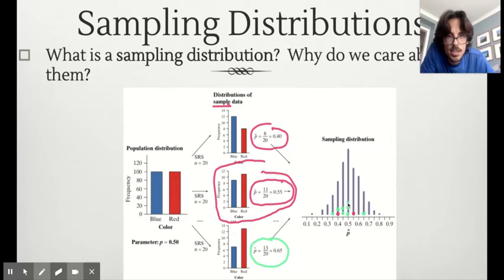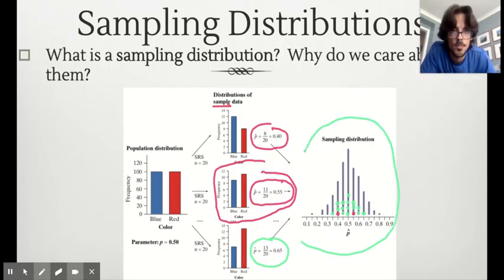Obviously the values in the middle end up being more popular, and less so as you go further along. The penny activity that we may or may not have done in class, where normally I have kids collect pennies, with the penny box, we were building this kind of graph, except we were taking an average of penny years. But in our problem right here, we would be building this picture.